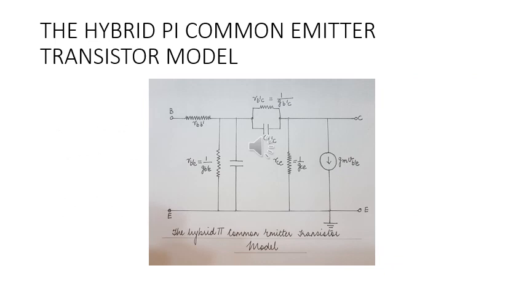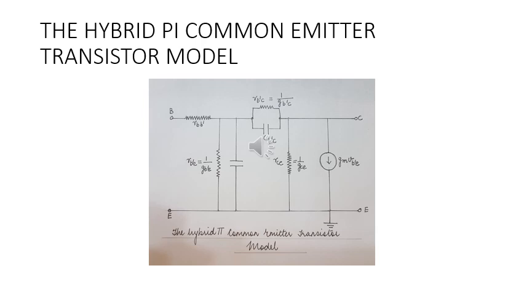We now come to the hybrid pi common emitter transistor model. As you can see, the actual base is not connected to the external base lead, and there is a base spreading resistance rbb' between the external base lead and the internal base B'. rb'e is the resistance which exists between the actual base and the emitter, and next to it is the emitter junction capacitance Ce.